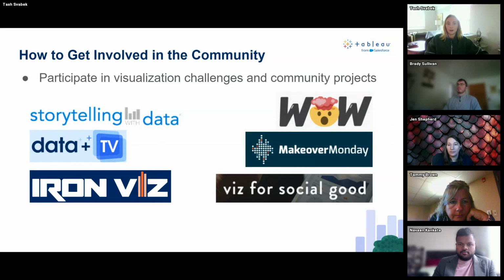Another way to get involved in the community, there's a ton of forums out there where, just like this TUG meeting today that we've had, you can make vizzes that share important information. You can make vizzes that are used just to practice building out charts in Tableau, or doing your data prepping skills in whatever tool that you like. So these listed on the page are just a few examples.